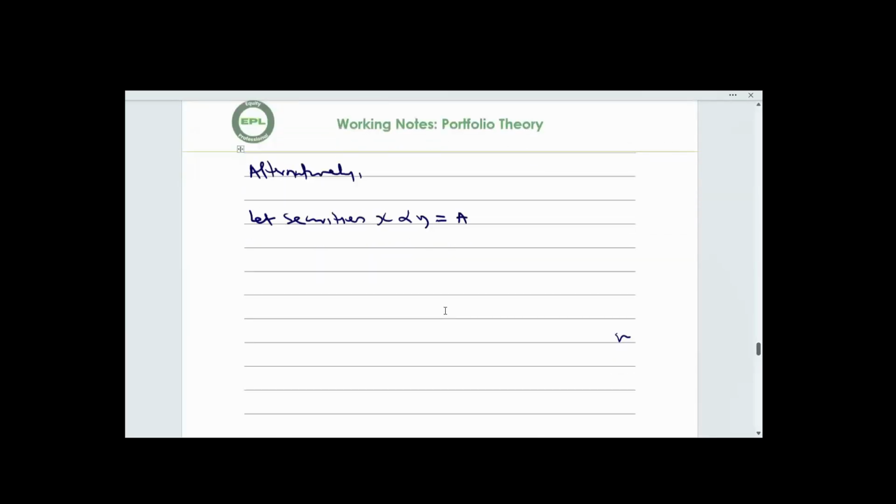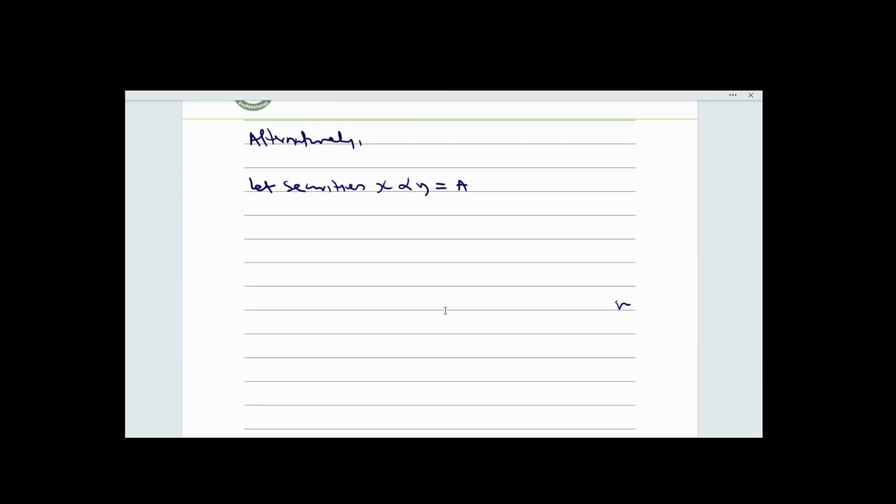If you now want to use tabular method to estimate the expected return and the standard deviation of the portfolio, you are going to keep the return of one security constant, and then you vary the return of the other security. So you come here and write possible outcomes: 1, 2, 3, 4, 5, 6, 7, 8, 9, because the probability of each of them are 3.